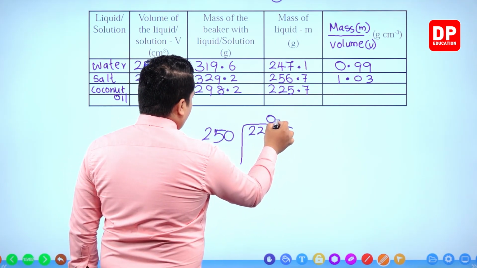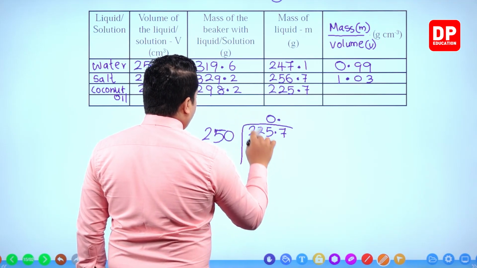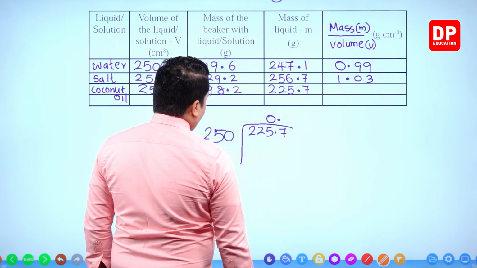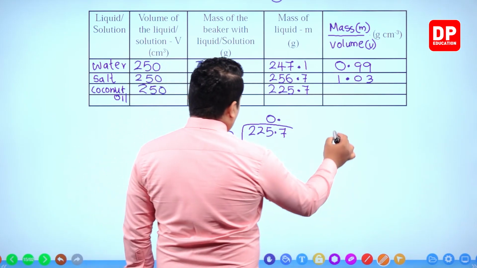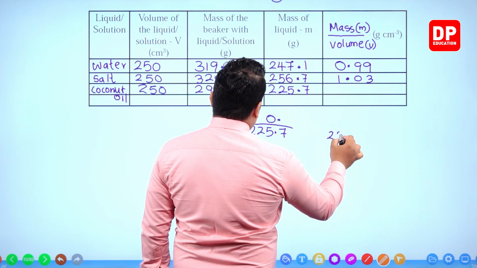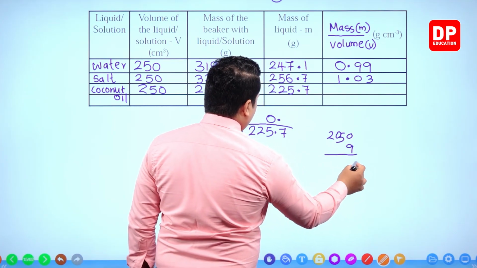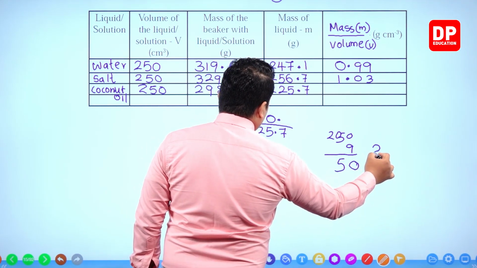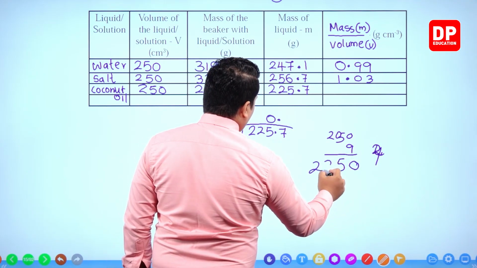So here 0, then for 2257, let's see, there is around 2250. We'll multiply and get the answer. I think it's around 9. 0, 45, 5, 4 is the remainder, then 18, 22.